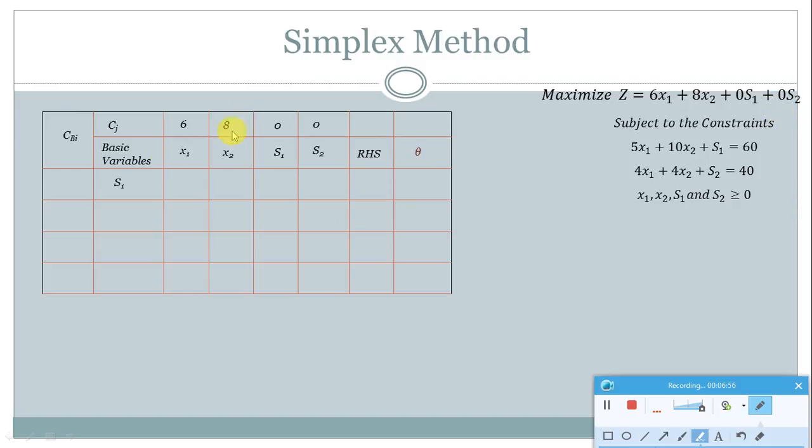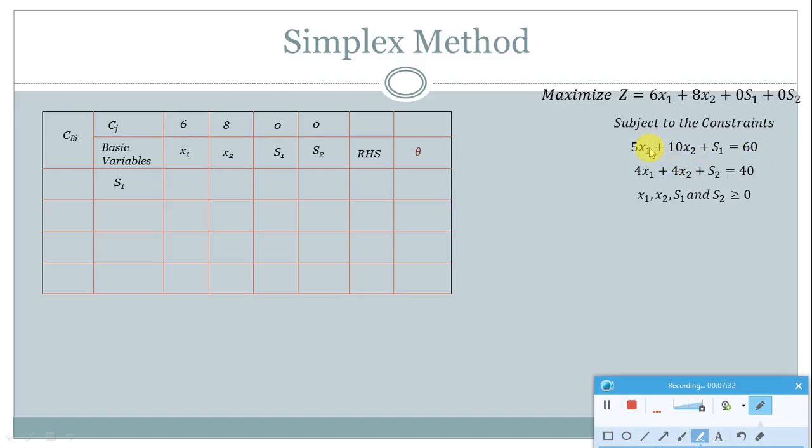Here the variables s1 and s2 are having coefficient 1 in one of the constraints and coefficient 0 in the remaining constraint. For example, the variable s1 having coefficient 1 in the first constraint and coefficient 0 in the second constraint, and the slack variable s2 having coefficient 1 in the second constraint and coefficient 0 in the first constraint.